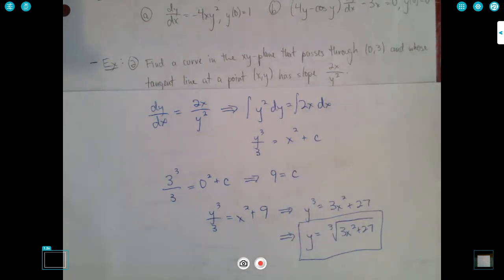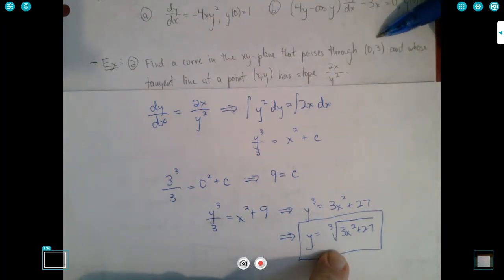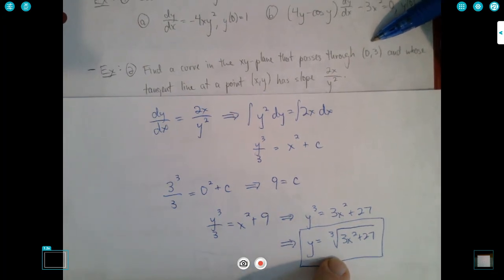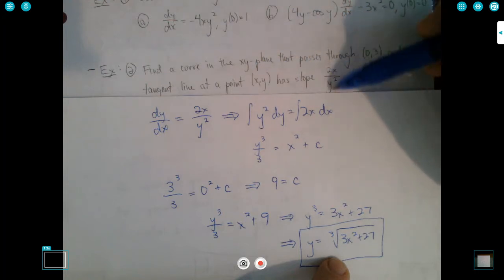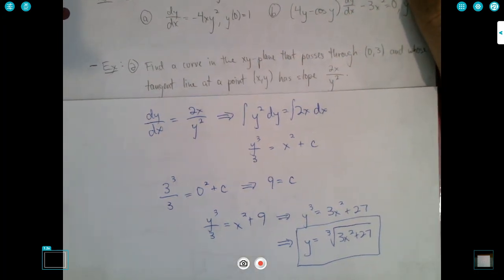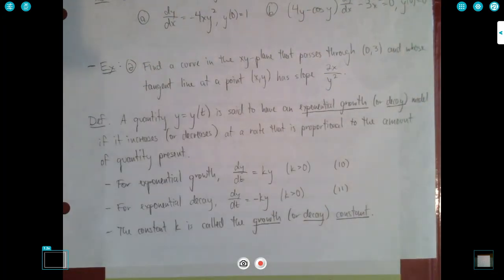And there's the curve that we're looking for. Okay, so this curve is definitely going to go through 0, 3. And the tangent line at any given point is going to be 2x over y squared. Okay, moving on.